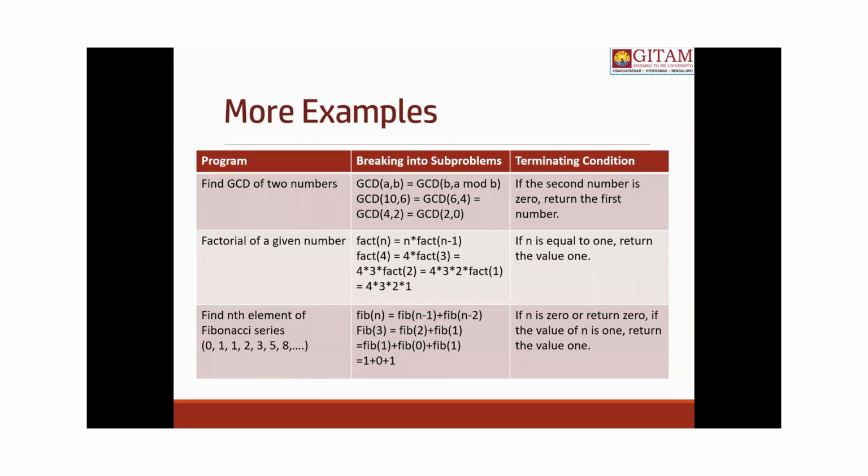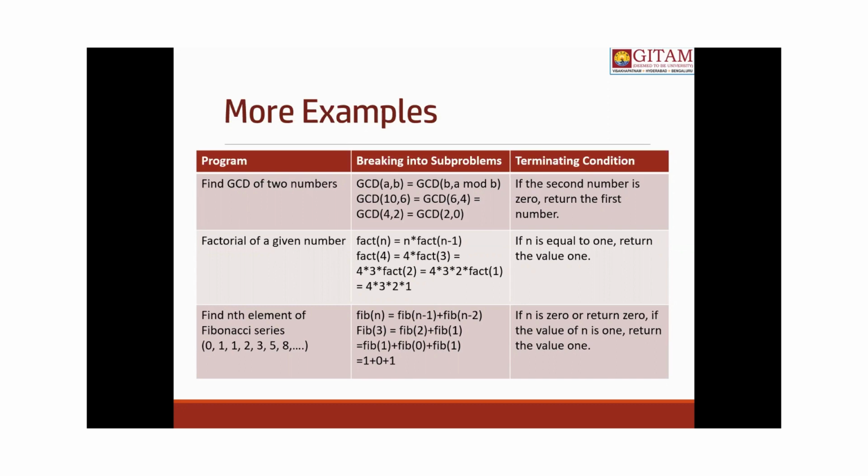GCD of 10 comma 6 is GCD of 6 comma 4 because 10 mod 6 is 4. Similarly, GCD of 6 comma 4 can be reduced to GCD of 4 comma 2, and this again is equivalent to GCD of 2 comma 0 because 4 mod 2 is equal to 0.